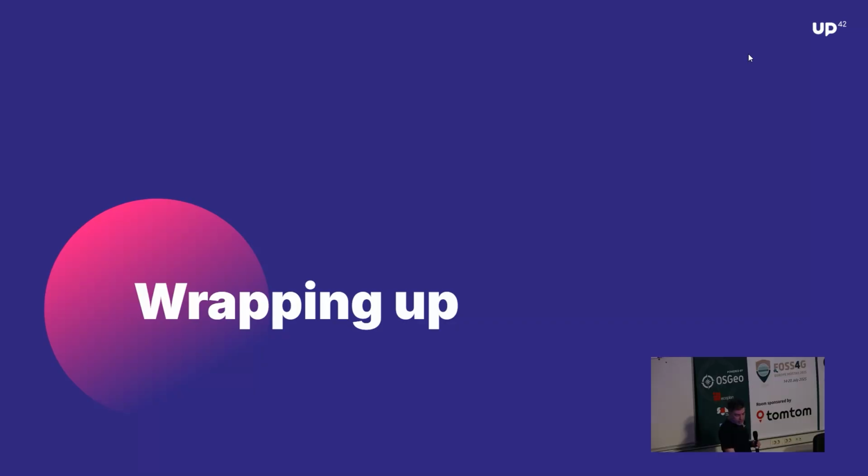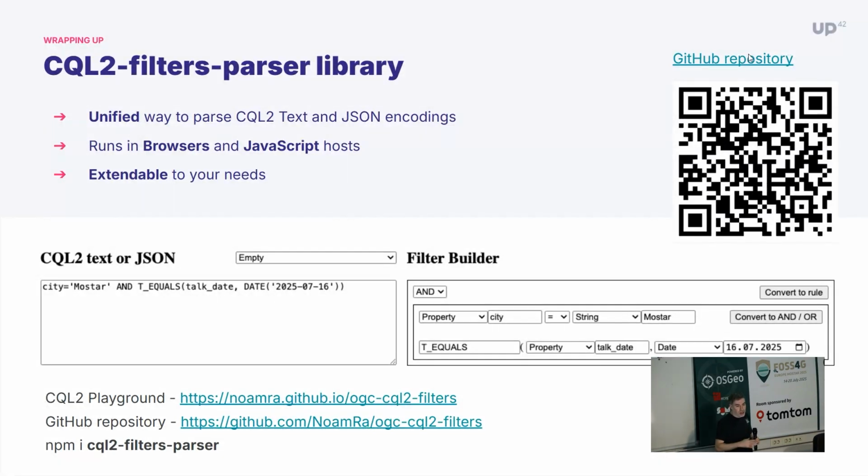And that's it. So this is the library. Again, it's a unified way to work with CQL text and JSON. It is JavaScript built using TypeScript that runs on all the hosts. And there is a playground, which I can show later.